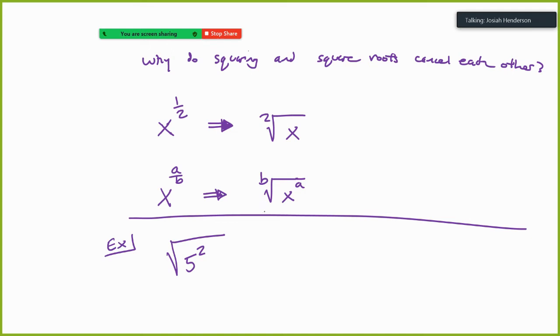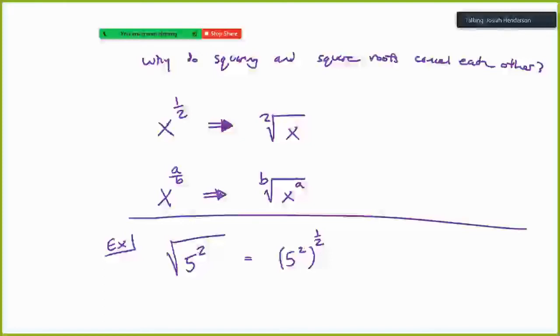So let's see what happens with the math rules when we clean this up and simplify it. Using the definition above, the square root can be rewritten as this. Instead of square root of 5 squared, it's the 1/2 power. I'm just converting the square root box to the 1/2 power based on that definition from earlier in Unit 1. And now, remember the other rule, we've got a power to a power.